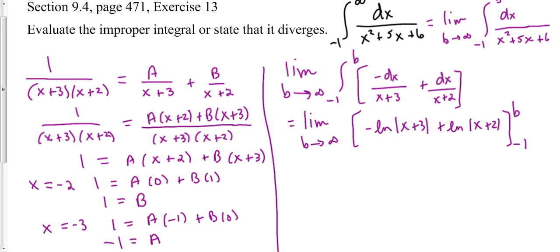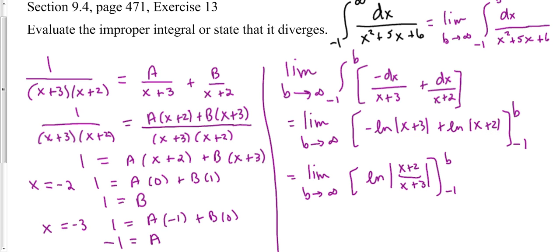And I want to combine these natural log terms before I substitute in. So I'm going to have my limit as b goes to infinity of the natural log of x plus 2 divided by x plus 3, and we're going to evaluate that from -1 to b.